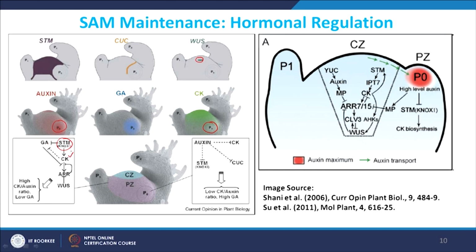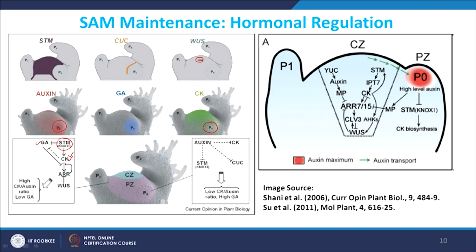STM is a positive regulator of cytokinin signaling and a negative regulator of gibberellic acid signaling. So, STM is activating cytokinin signaling in the meristematic region where gibberellic acid is low and auxin is low, then USHL is getting activated. If you have a high amount of cytokinin, it activates ARR and then USHL also regulates. So, there is a kind of feedback regulation going on here.